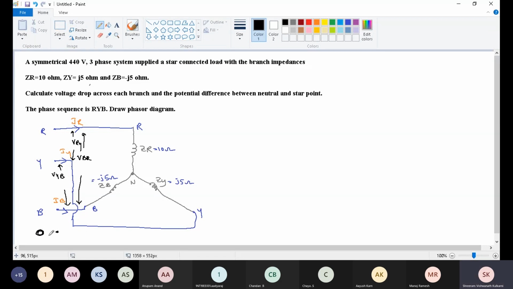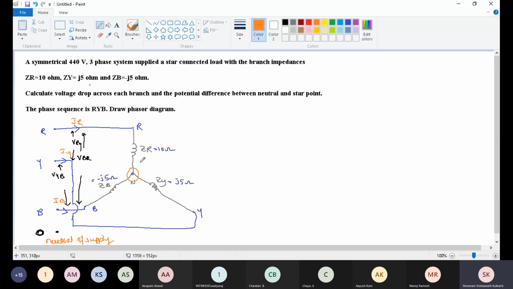I already explained it last class. Anyone? Neutral of the supply. O is the neutral of the supply. N is the neutral of the load.